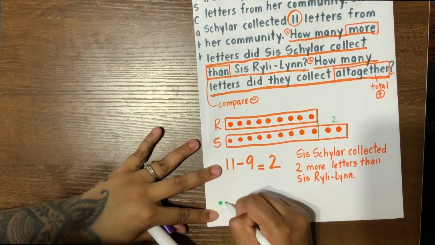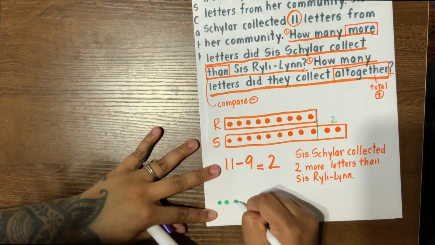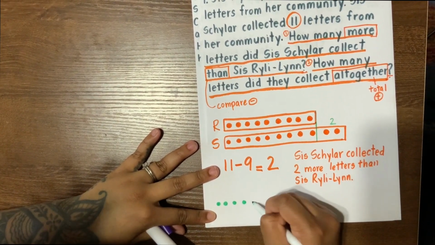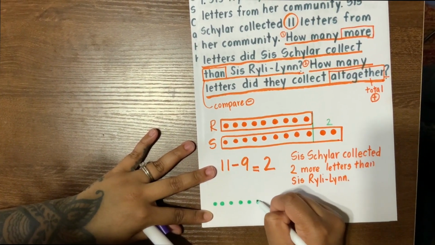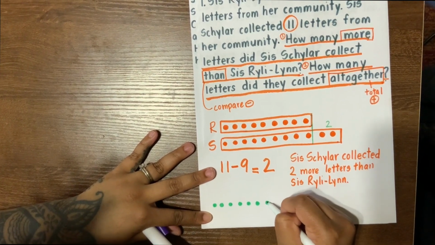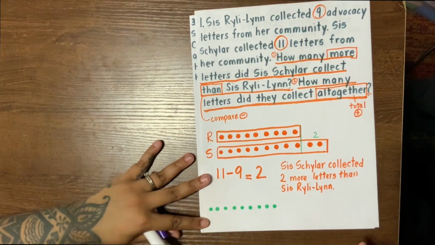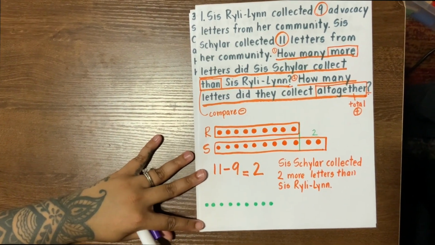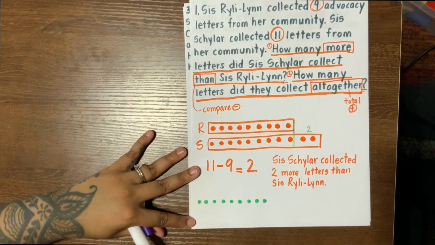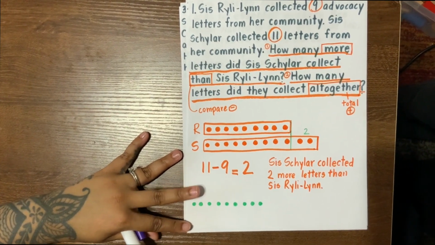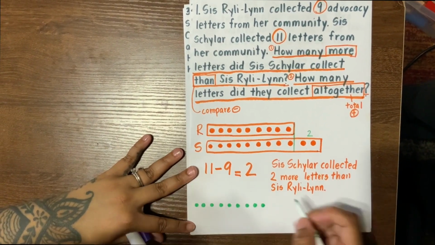1, 2, 3, 4, 5, 6, 7, 8, 9. So this represents Riley's letters. But I want to also add Sister Skylar's. I want to combine Riley's letters with Sister Skylar's letters.